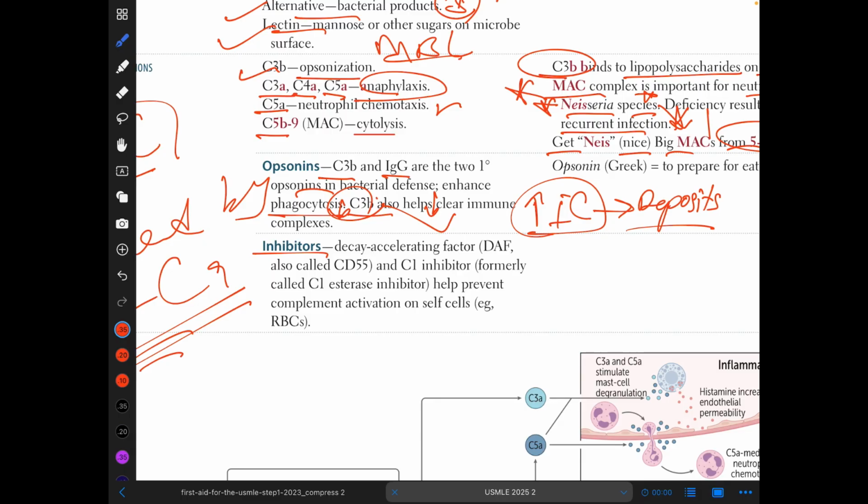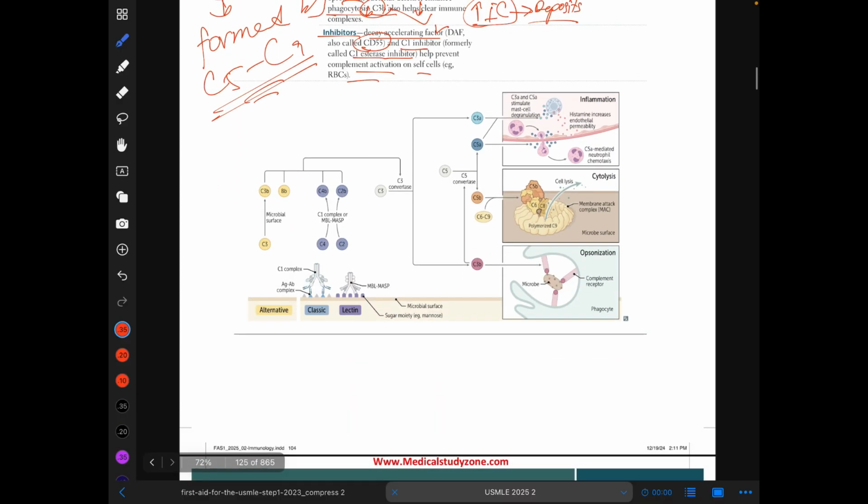And there are inhibitors as well. Inhibitors are used for protecting our own human cells, to stop the action of C3 or the complement system from attacking our own human cells. So we have the decay accelerating factor, DAF, also called CD55, and C1 inhibitor, the C1 esterase inhibitor, which help prevent complement activation on cells like RBCs.